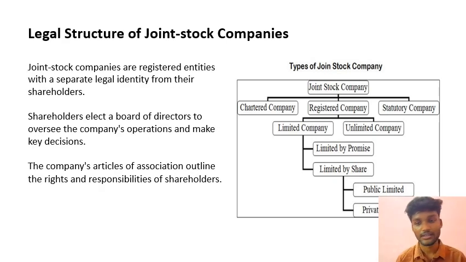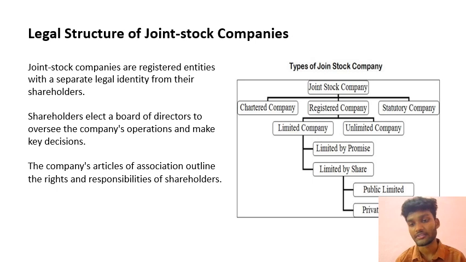Now let's talk about the legal structure of joint stock companies. Joint stock companies are registered entities with a separate legal identity from their shareholders. Shareholders can elect a board of directors to oversee the company's operations and make key decisions. The company's articles of association outline the rights and responsibilities of shareholders.